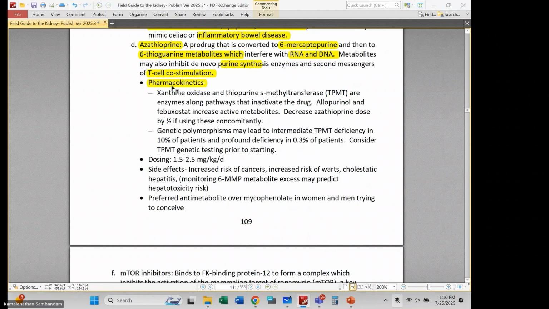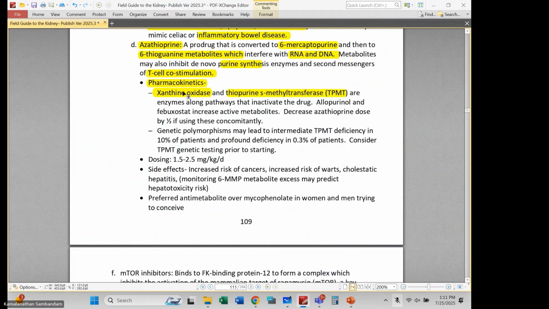The important interactions to be aware of are two of them, okay? If you give it with allopurinol, that increases dramatically the effects of the anti-metabolite effects of the drug. So one of the pathways of metabolizing 6-MP, remember azathioprine is metabolized to 6-MP and then on to active and inactive metabolites.